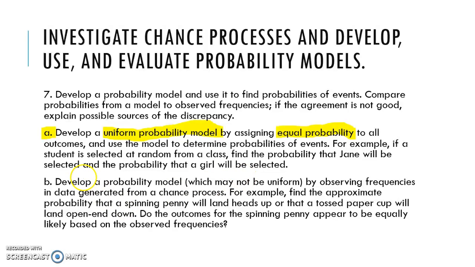Now, B is speaking to where you don't specifically have, it may not be uniform probability. The example they used in the progressions was flipping a thumbtack. Well, it's not going to be equally likely that it lands on its flat end compared to the tip.